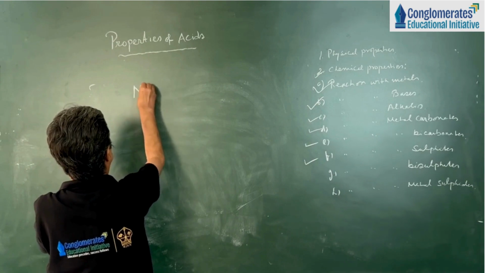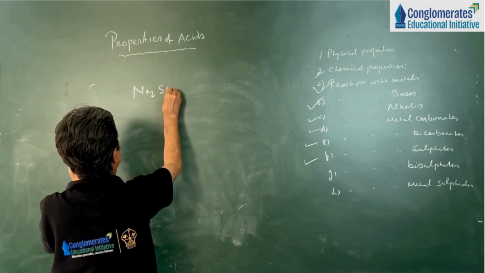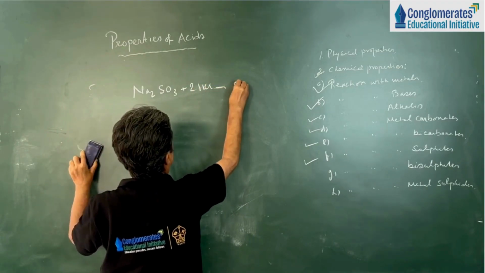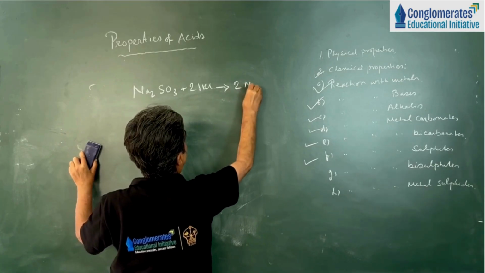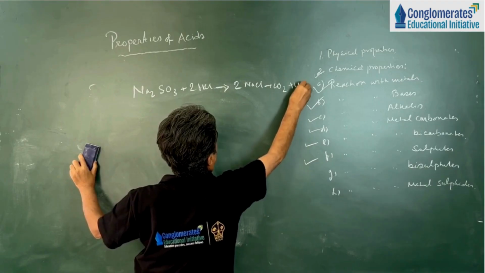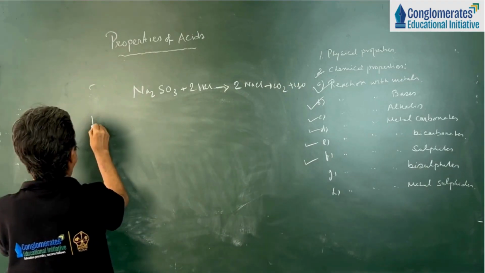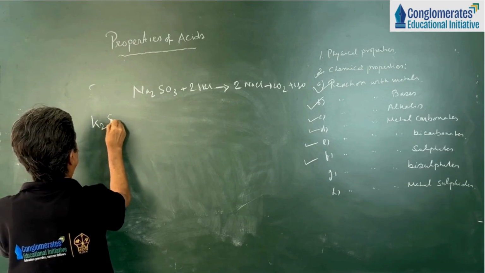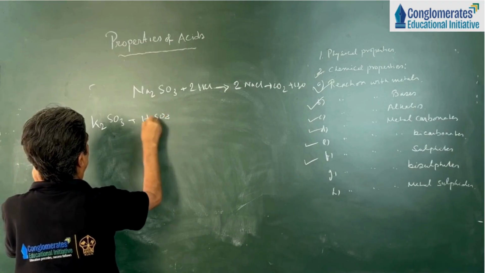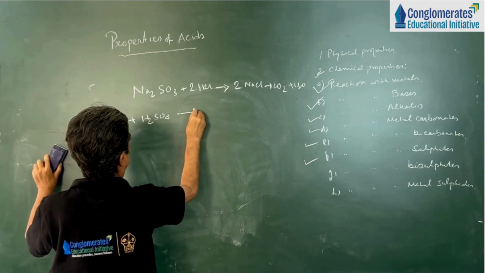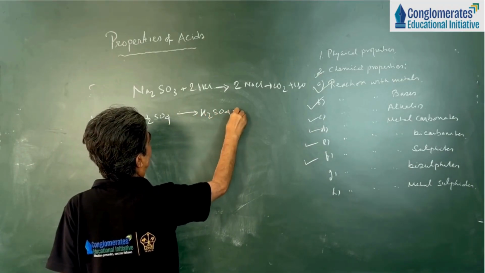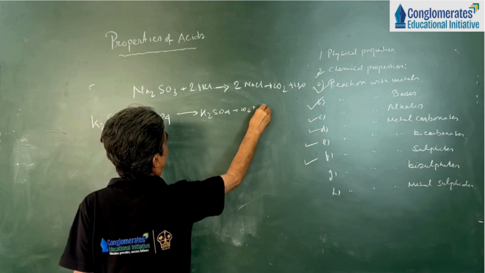Suppose sodium sulfite plus dilute HCl, we get 2NaCl plus SO2 plus water. Now potassium sulfite plus sulfuric acid, we get K2SO4 plus sulfur dioxide plus water.